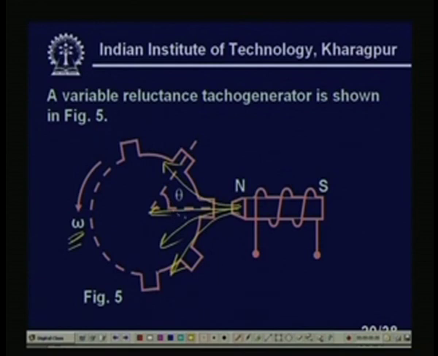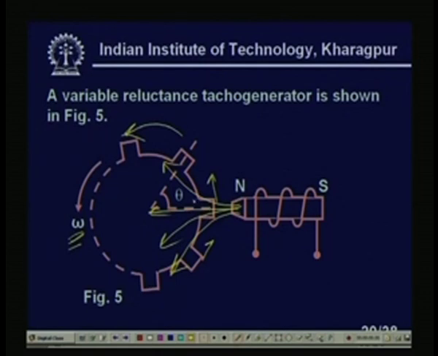Now, this angle is theta. What will happen if the wheel rotates like this? Suppose the tooth has gone down in this direction and this has moved to this, now this pole piece faces the gap in between the two teeth.